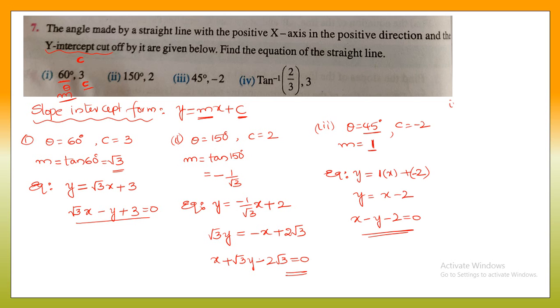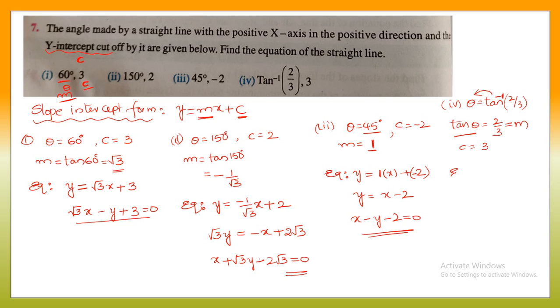Next, moving on to question number 4. So what he has given, theta is equal to tan inverse of 2 by 3. So when angle is given in such form, tan inverse he has given, no. So when I transpose this tan to left hand side, then this becomes tan theta is equal to 2 by 3. So what is tan theta? Tan theta is nothing but m. Okay, so slope is given as 2 by 3 and he has given c is equal to 3.